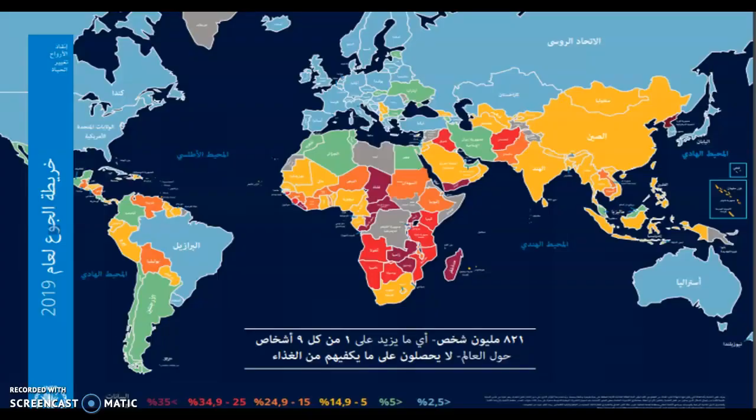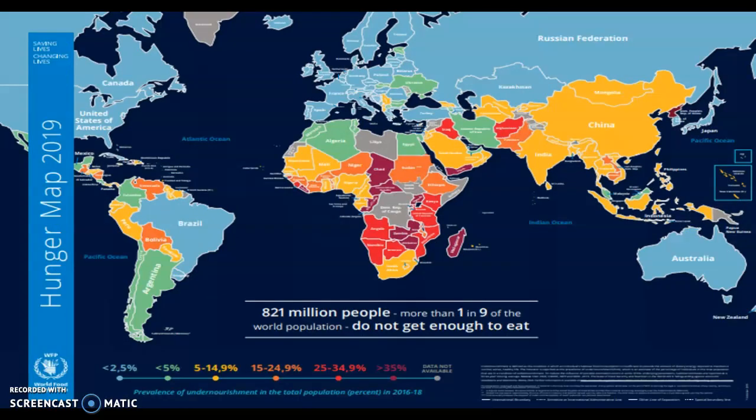Okay, so there's one in Arabic here and there's one in English here. And this is the World Hunger Map, which is pretty depressing to be fair. And you can see at the bottom here, there's a little scale that tells you the degree of hunger.